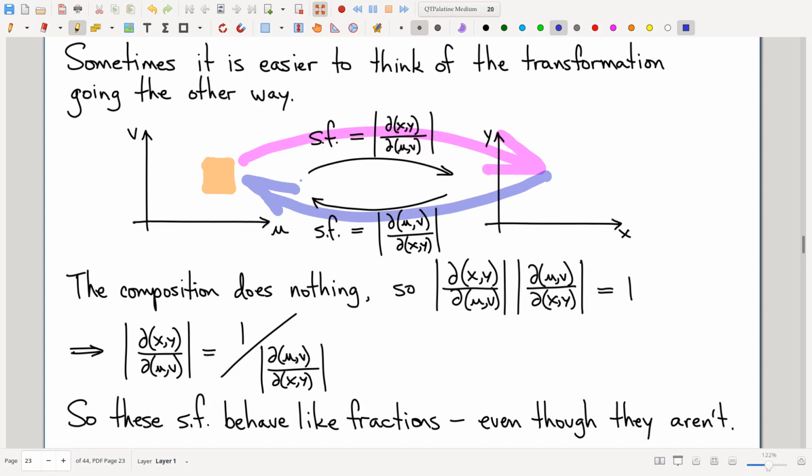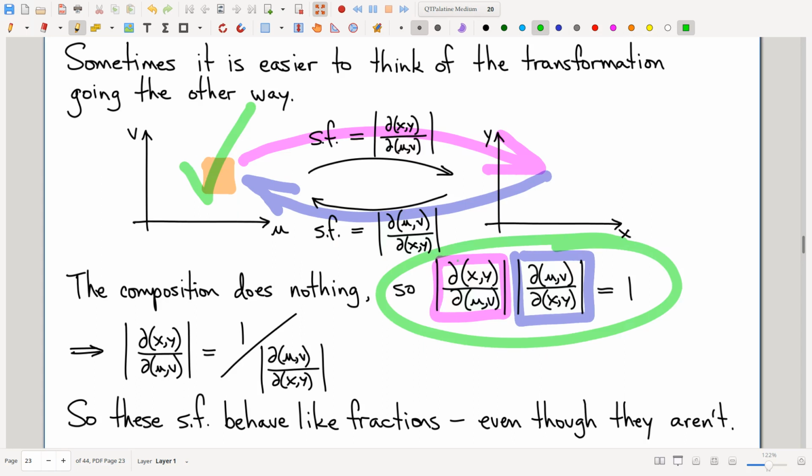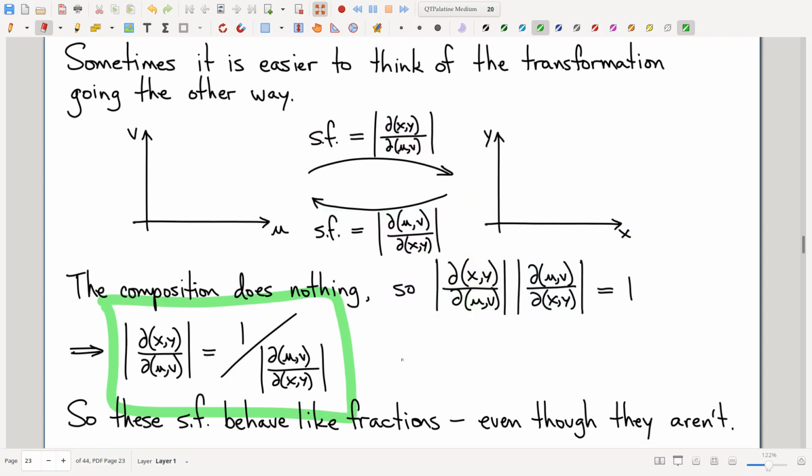Altogether, this is a two-step process, where I first multiplied by that purple stretching factor, and then subsequently I multiplied by this dark blue stretching factor, and altogether, nothing happened. Altogether, I got the exact same area back. The combined stretching factor has to be 1. And so therefore, these numbers are reciprocals of each other, and they behave like fractions. It's a really nice little observation, a clever little construction to get what we want.